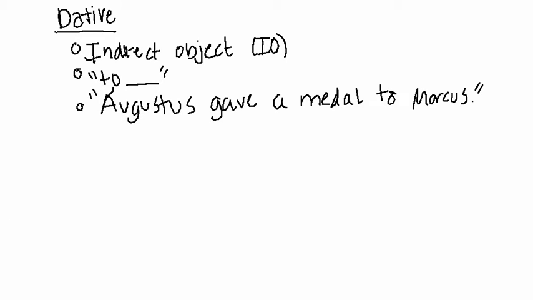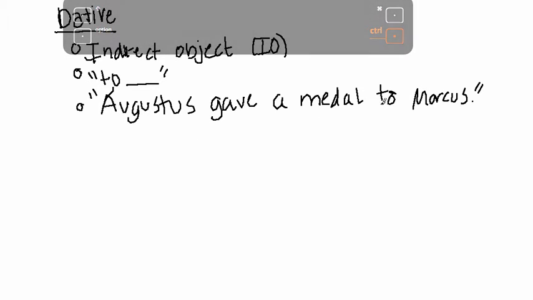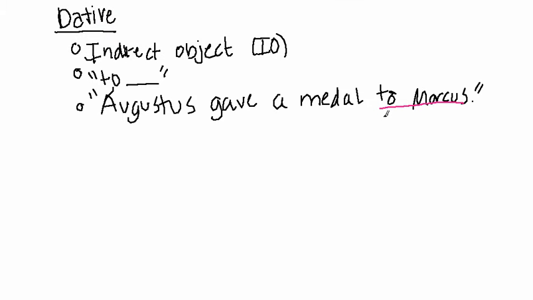Okay, so based on what I just told you about the to being the indicator word, to Marcus would be the dative because he's the indirect object. He is who is receiving the direct object. Let me just write that above so that you know. To Marcus. Marcus is the indirect object.